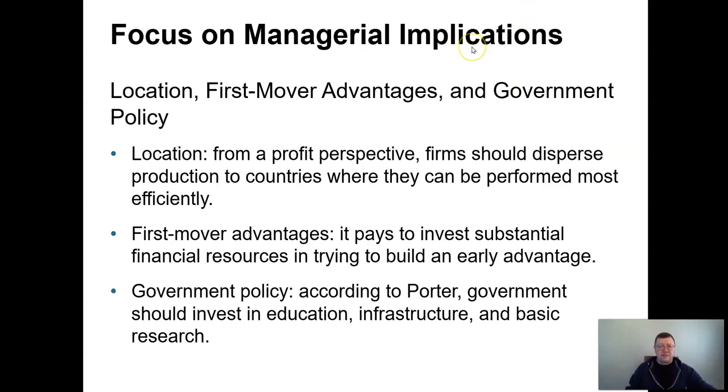But at least as far as managers are involved, what are some of the implications of this? First off, managers need to choose a location. Firms should disperse production to countries where they can be performed most efficiently. Can the United States produce baby clothes? Hell yeah, we can produce baby clothes. If we were forced to produce baby clothes, we could make some of the best darn baby clothes the world has ever seen.